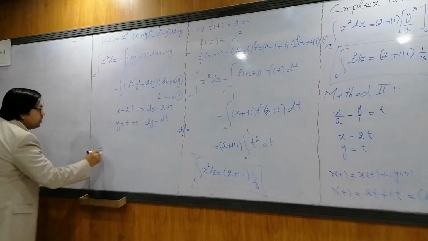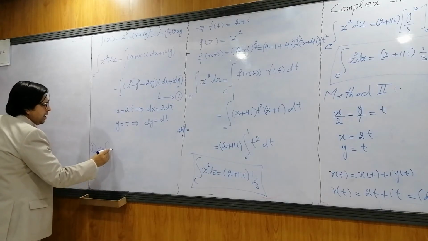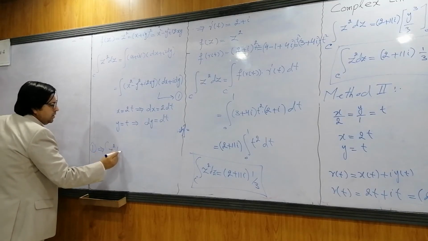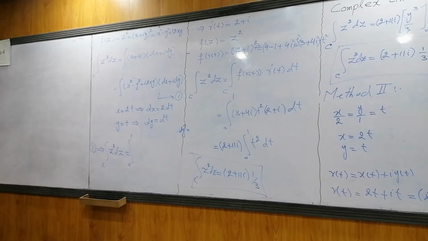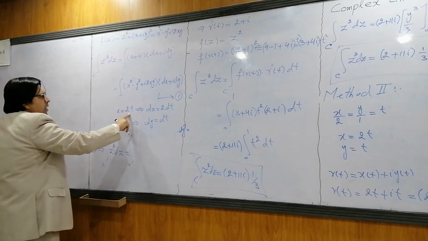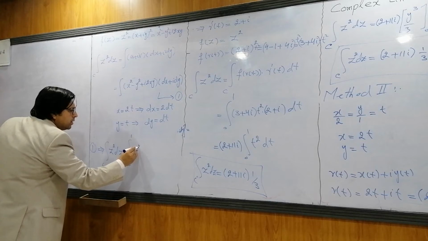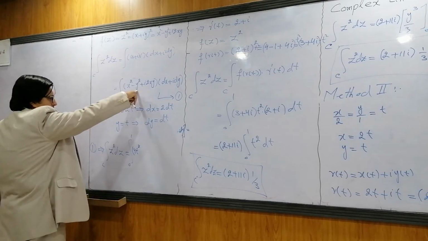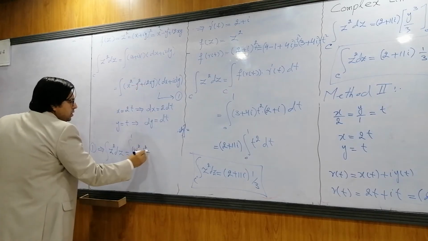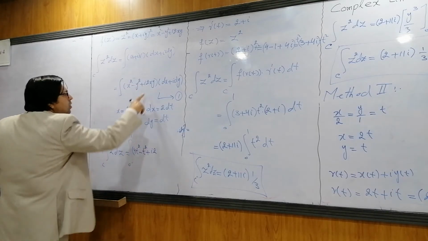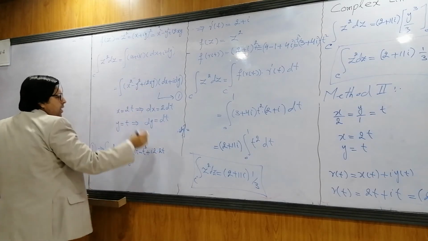If I replace these, I will get the integration of z² dz equal to the integral from 0 to 1. Now x is 2t, so (2t)² means 4t². y is t, so y² is t², plus i 2, x is 2t, and y is t.